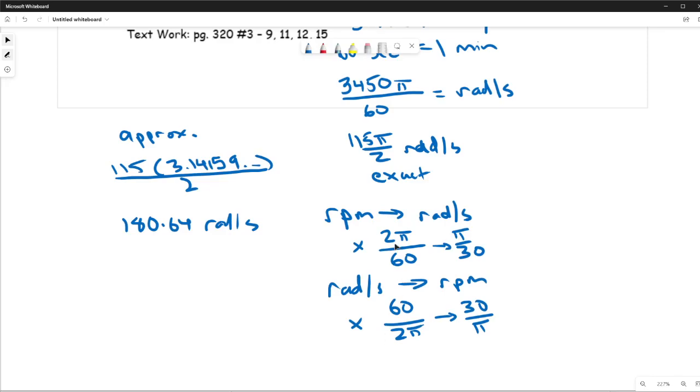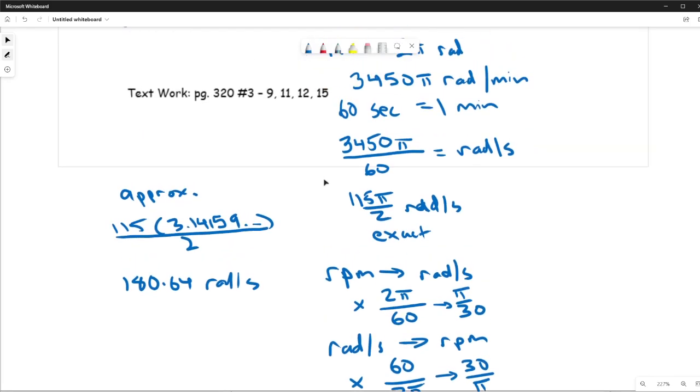So if you need to convert from RPM to rad per second, this is how it's done. It's a fairly simple conversion. It's worth trying to think through why it works this way, so that you can repeat the formula without having to just memorize something you don't understand.